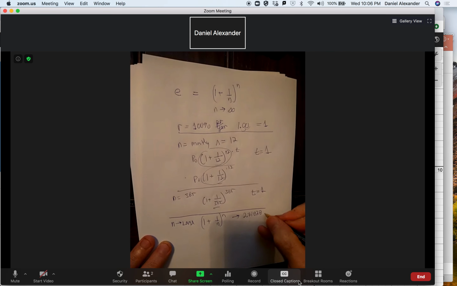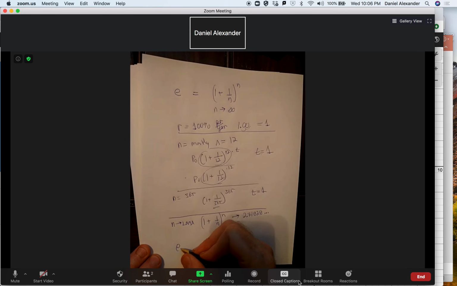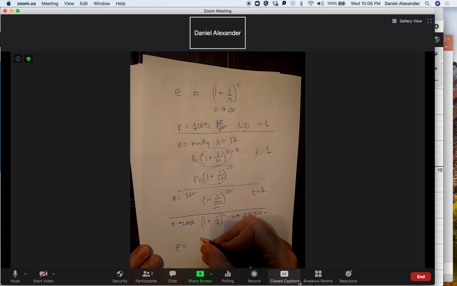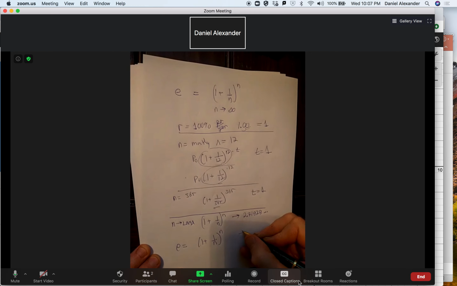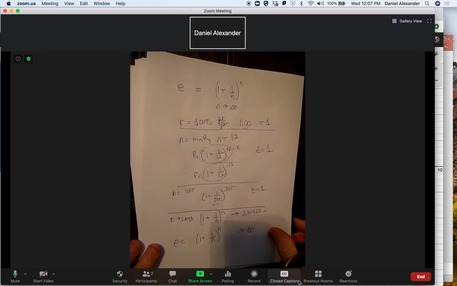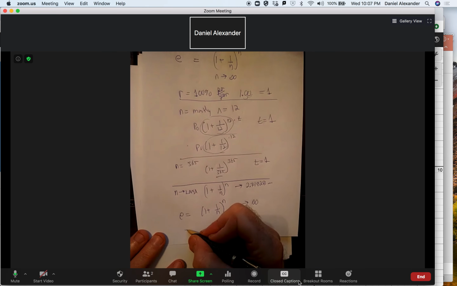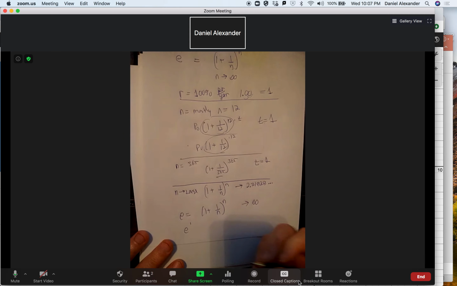And actually, there's more decimals to it than that. So this number e is going to be 1 plus 1 over n to the n as n goes to infinity. It's a special number, and I'm going to look at this as e to the 1, and you'll see why in a second.